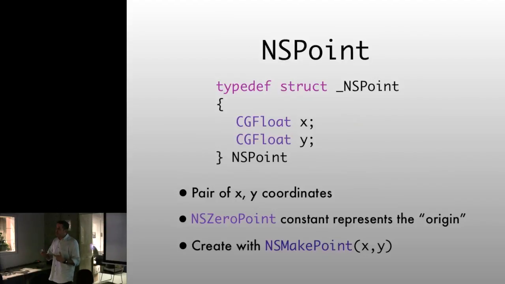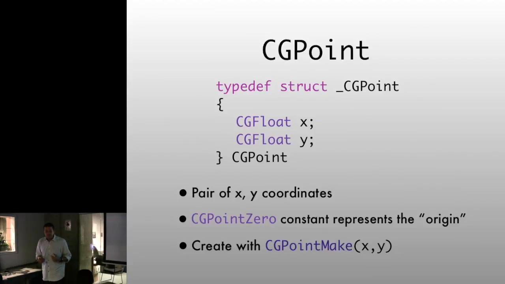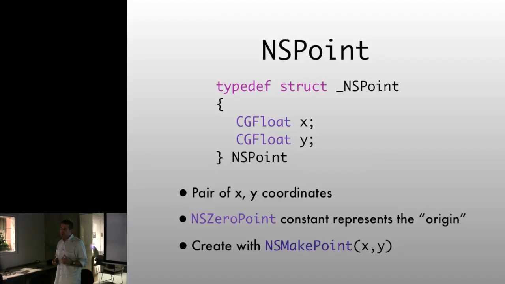So NSPoint, as a reminder, is two floating point values, an X and a Y. It's a C structure. It's not an object. CGPoint is the same thing, two floats, an X and a Y. Both of them have a constant, either CGPointZero or NSZeroPoint.